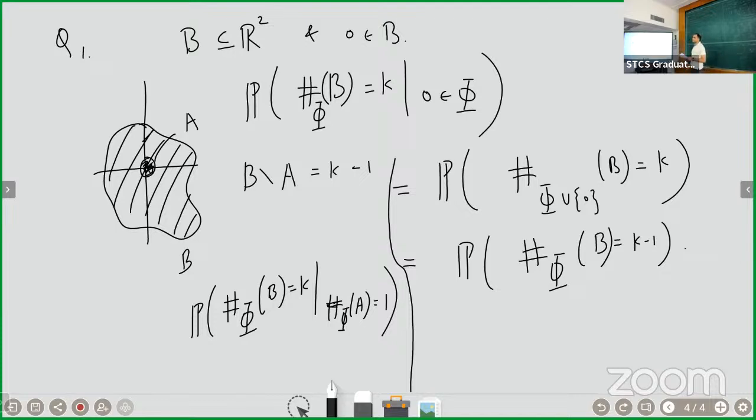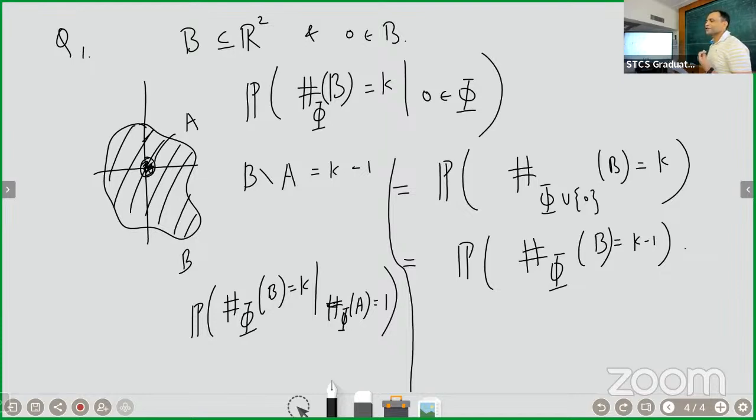And if B did not contain 0, then what would have happened? So here I assume that the condition has no effect. But that's not obvious, right?